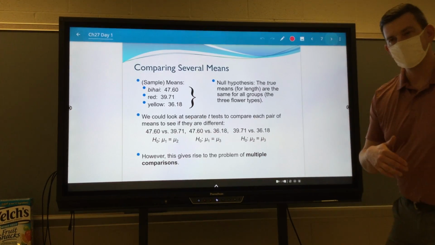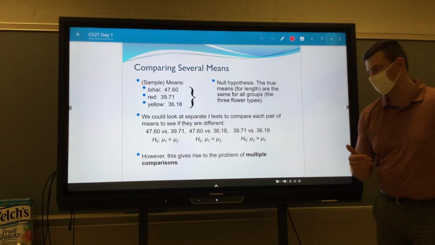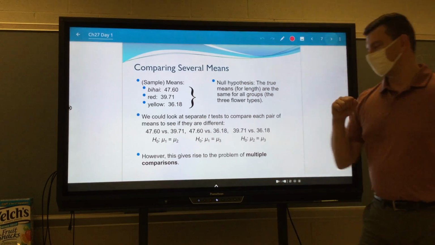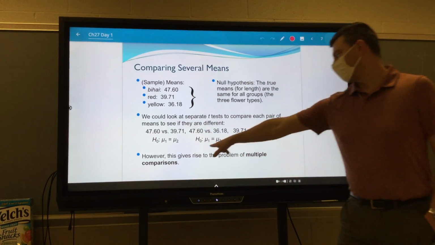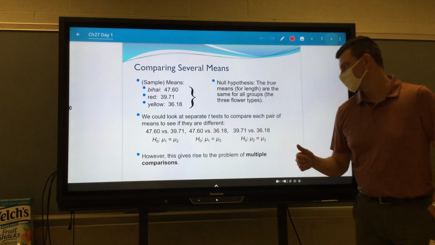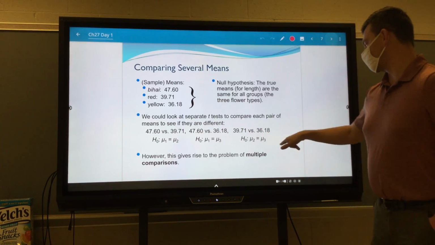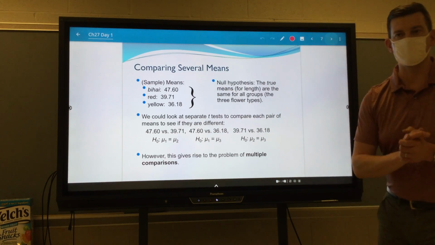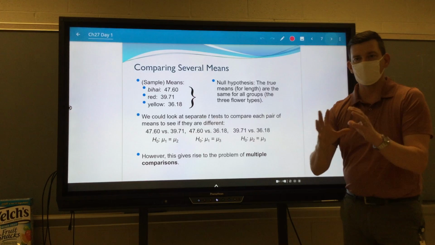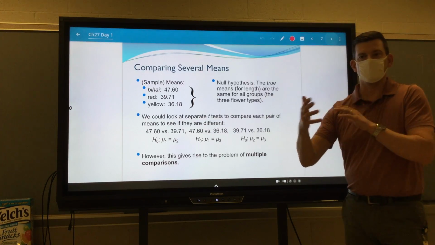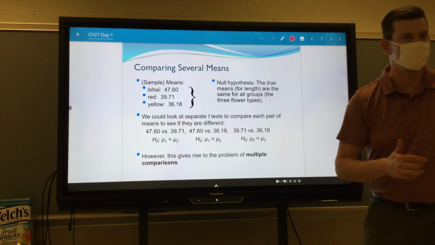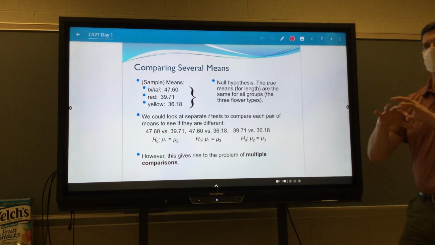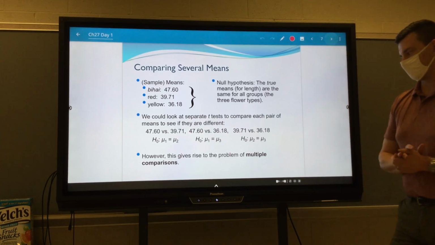But the problem, if we were to take that approach here, is, what if mu1 and mu2 are the same, but mu1 and mu3 are different, and mu2 and mu3 are the same? How do they play off of each other? You're looking at how all of these are related to one another. So to just isolate 2 for the sake of comparison, you're missing out on the larger scale, the big picture here.